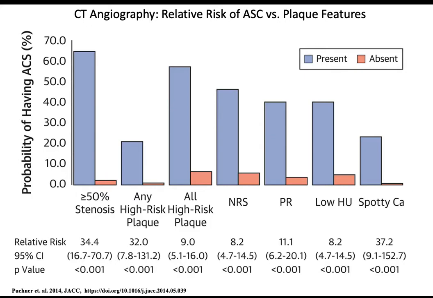The people who had an event had a 65% rate of having a stenosis greater than 50%, whereas people who didn't had a rate of 2%. The relative risk is the ratio of those two numbers. So 1 means that it didn't separate them at all, and it goes to infinity if you perfectly separate the two groups.